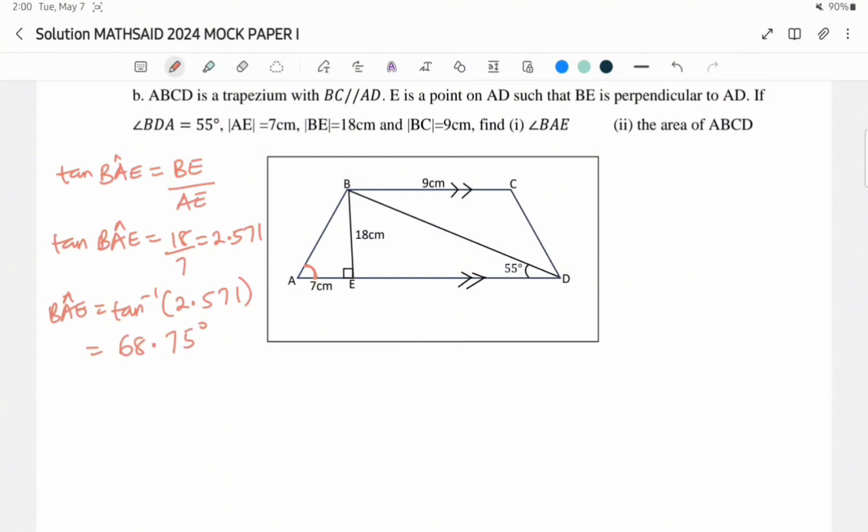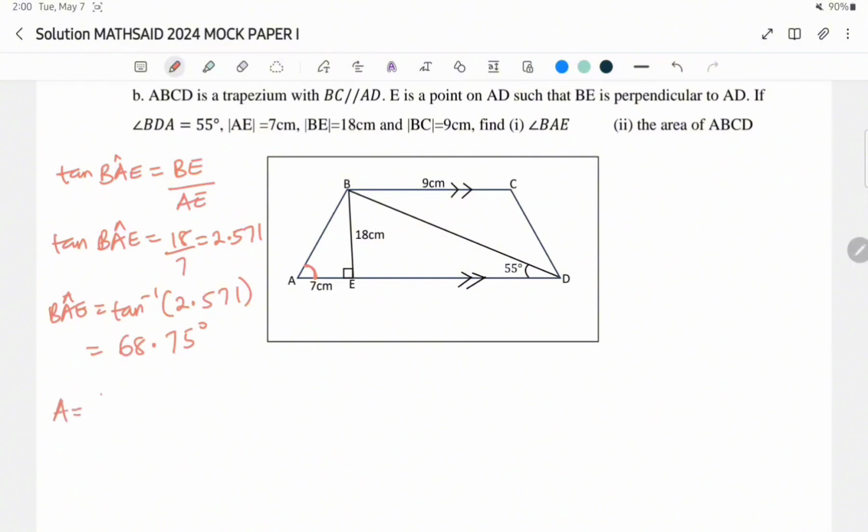Now, for the second part of the question, we are asked to find the area of ABCD, and ABCD is the entire figure, right? So before we can find the area of ABCD, we can see that in fact, we are even being told that it is a trapezium. And the formula to calculate area of a trapezium is what?